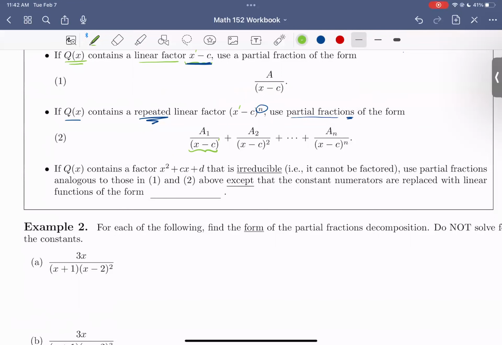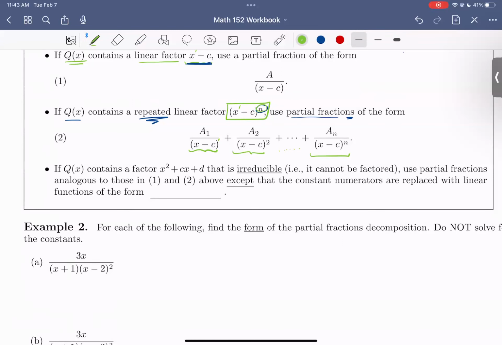Then we have another fraction with x minus c in the denominator, now raised to the 2, with a different constant a sub 2 in the numerator. We include fractions all the way up to the largest repeat of that linear factor. Our final partial fraction will include x minus c to the n power in the denominator, and our constant we can call a sub n.